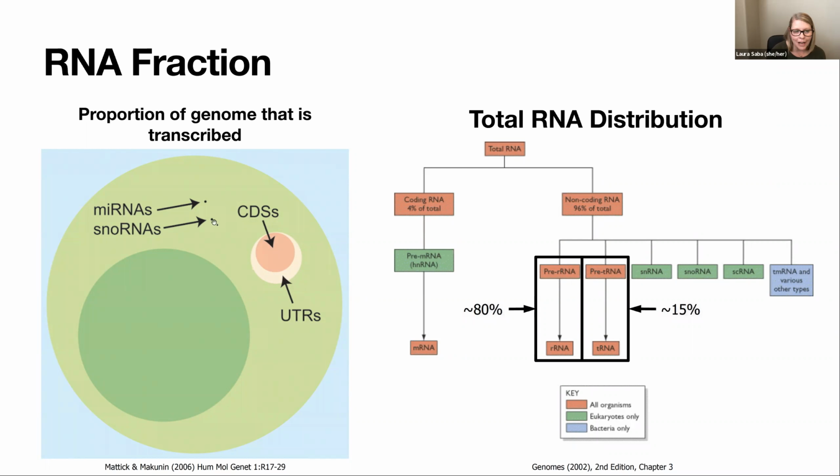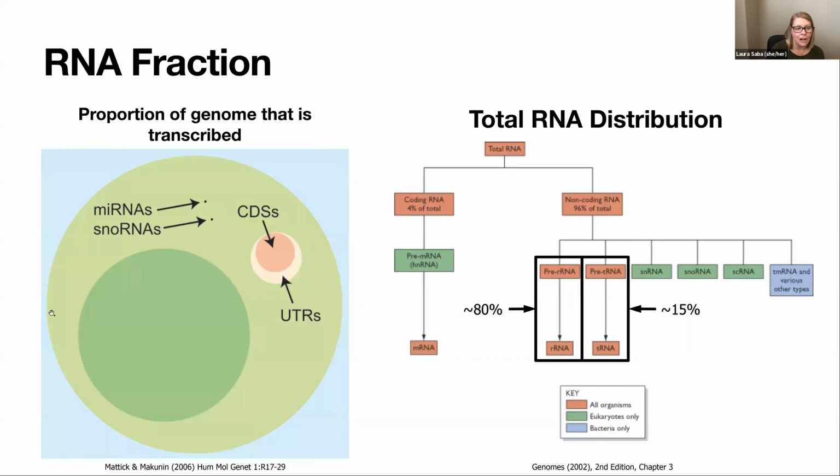And then you also have some of these popular, smaller, non-coding transcripts. So the gist of this is that there are a lot of things being transcribed. And what we want to hypothesize about is going to drive which fraction we choose to take for our RNA-seq experiment.